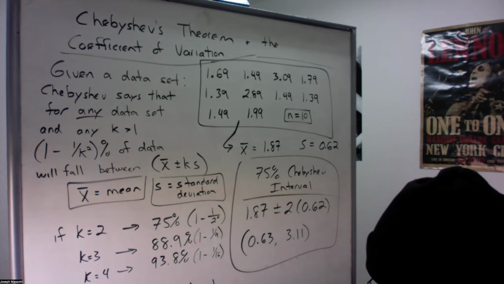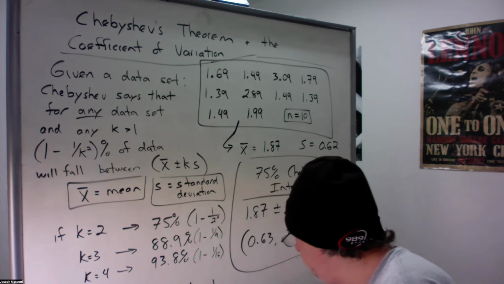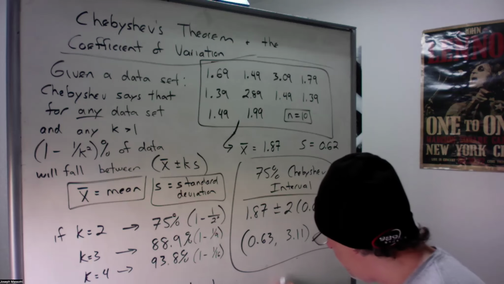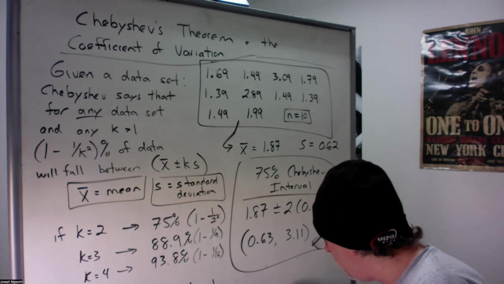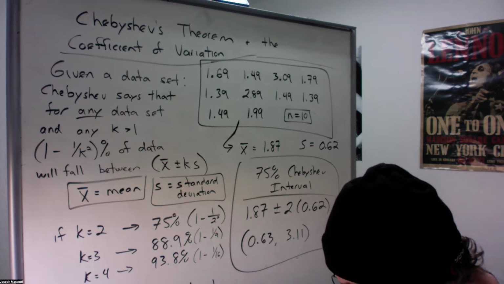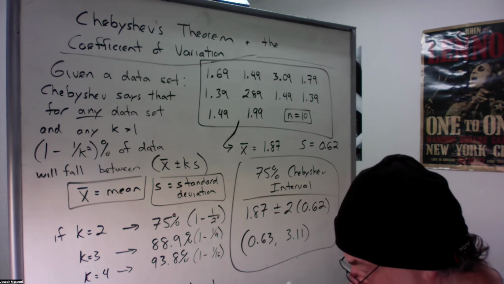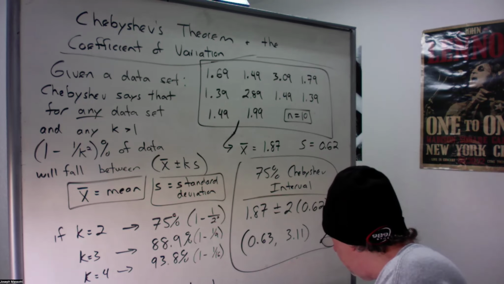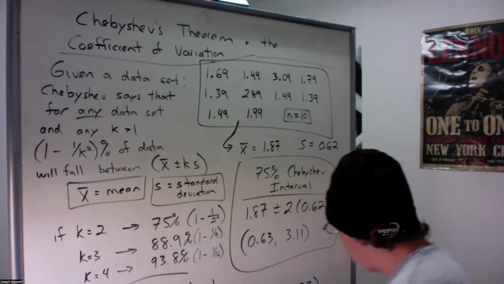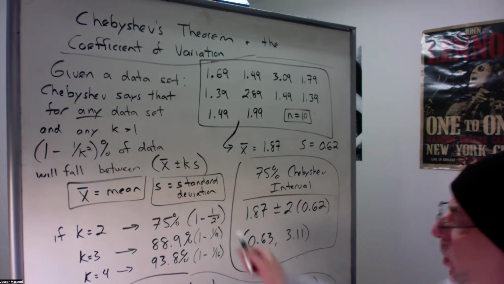So that would be 0.01, and the other end is 3.73. Right, so that would be an 88.9% Chebyshev interval.